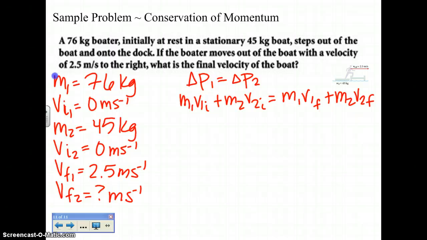So to keep this simple, it says that the boater and the boat were initially at rest. So this is going to be gone, and this is going to be gone because V1I is 0 and V2I is 0. So really what we just have here is 0 equals M1 V1F plus M2 V2F.